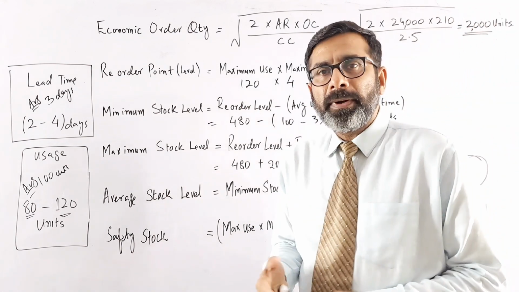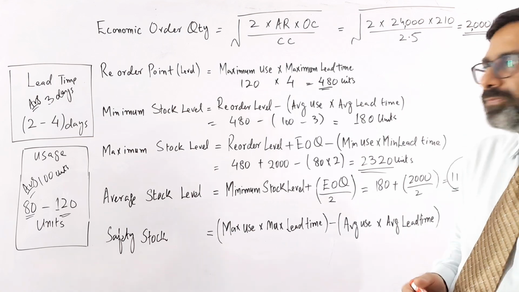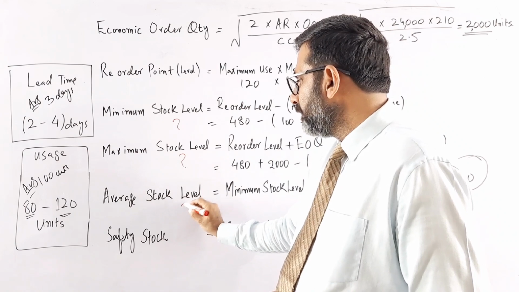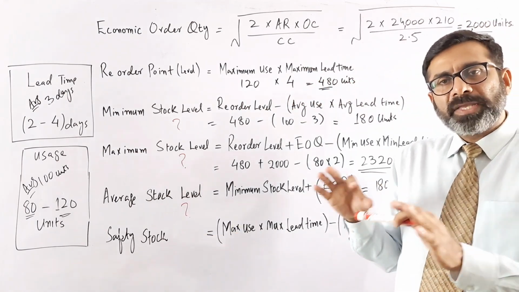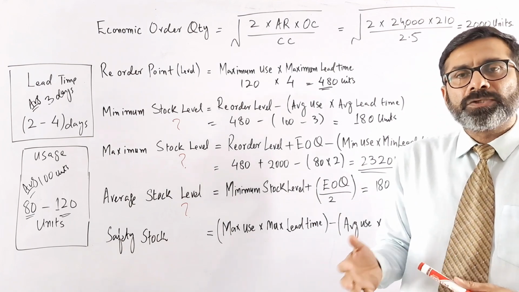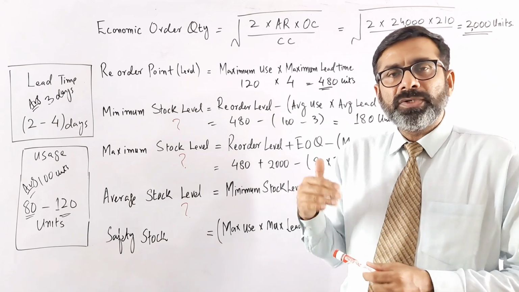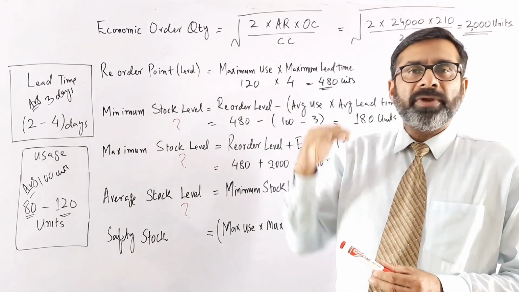Now what is the purpose of these levels? Why are we calculating these different levels? What is the minimum level they are achieving, what is the maximum level, and what is the average level? Obviously the company has some capacity in the store, the warehouse. So they have to decide according to that what can be the maximum inventory level.